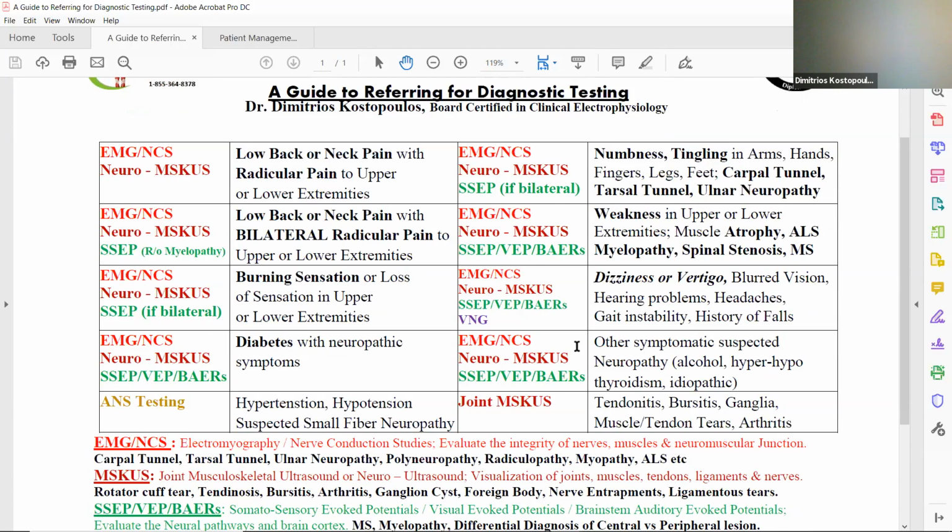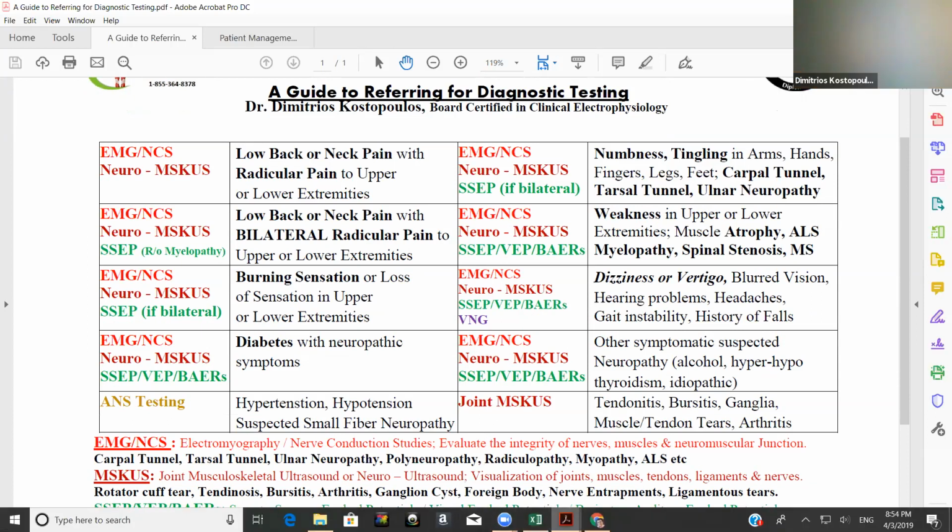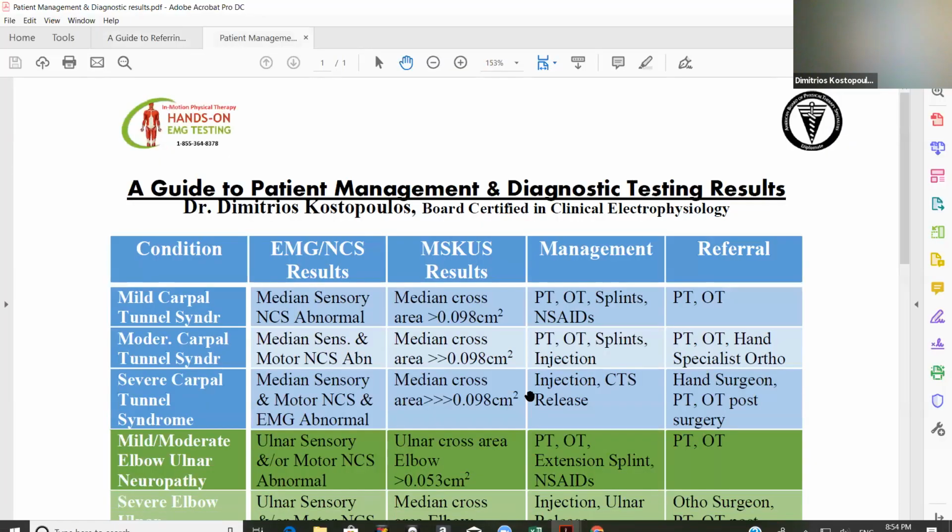So this links a patient's symptom with the appropriate type of diagnostic testing. But I'm going to take it a step further and show you medical patient management correlated with diagnostic testing results.